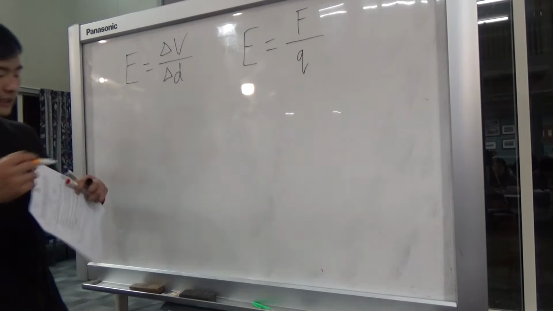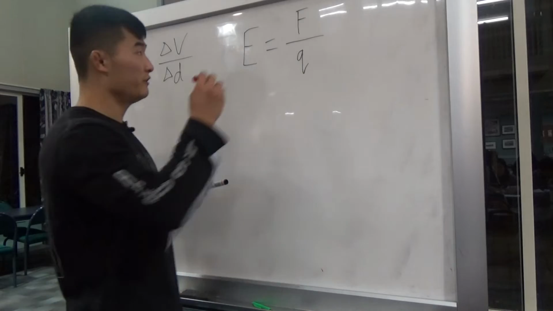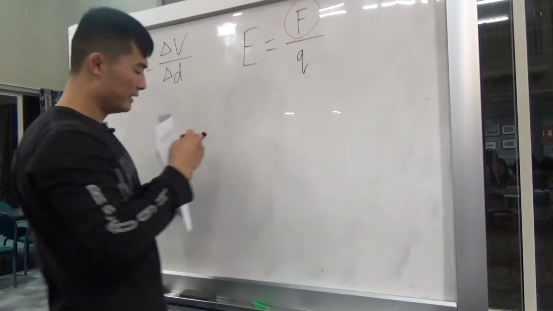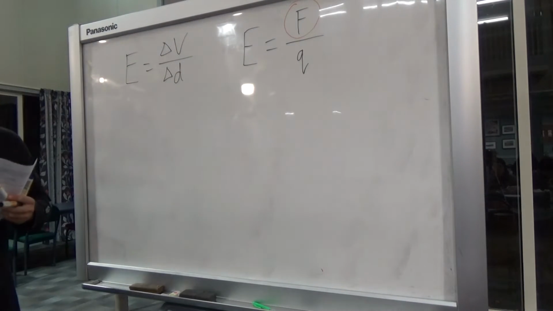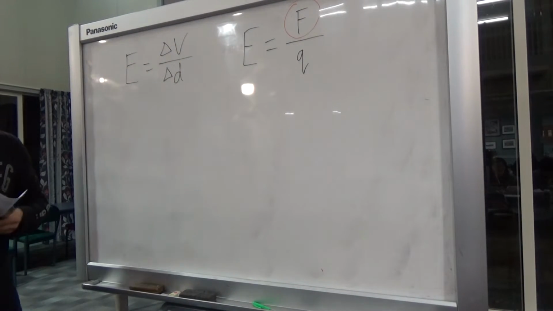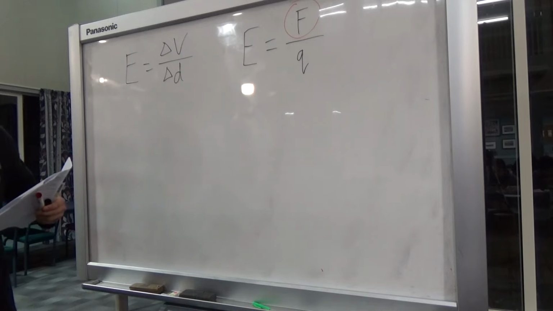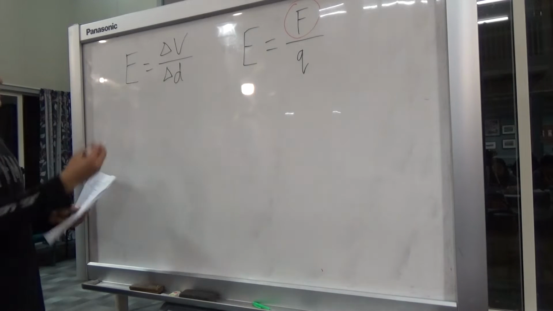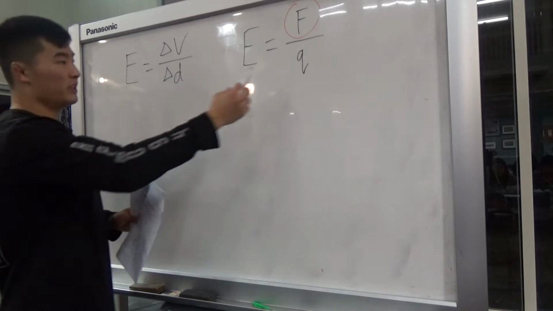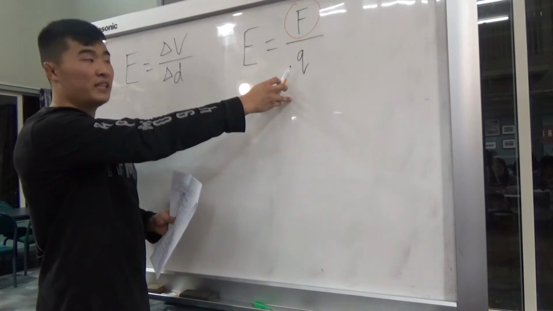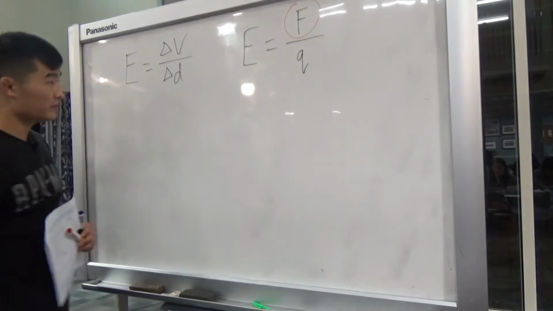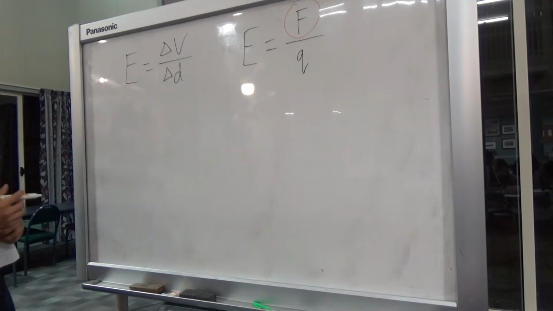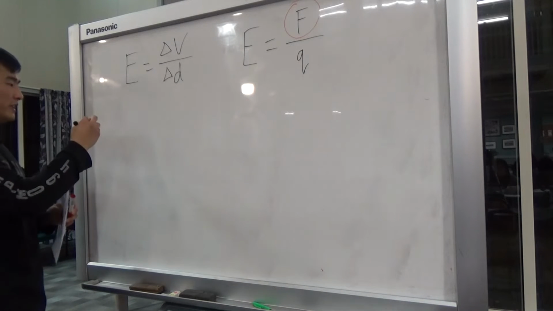So in this question here, what we want to find out is the force, and we can figure out what the electric field strength is going to be by using this equation. And we know what the charge is going to be, because the charge is going to be the charge of an electron. All right, so we're going to find out the electric field strength.